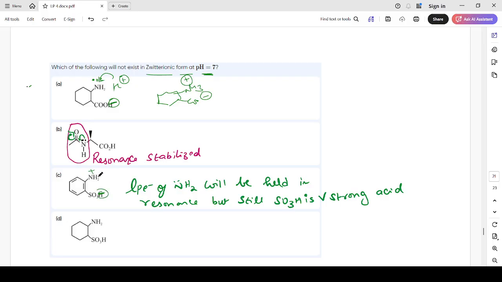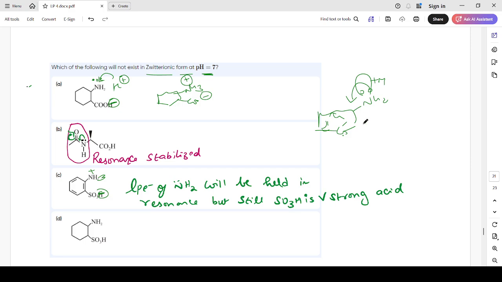SO3 minus, NH3 plus. But the question is, ma'am, is it possible for us to do this easily? Here also NH2 is having a lone pair, but we know very well this shows plus M effect, isn't it? Like this. So its lone pair is not actually easily accessible to abstract the H plus.